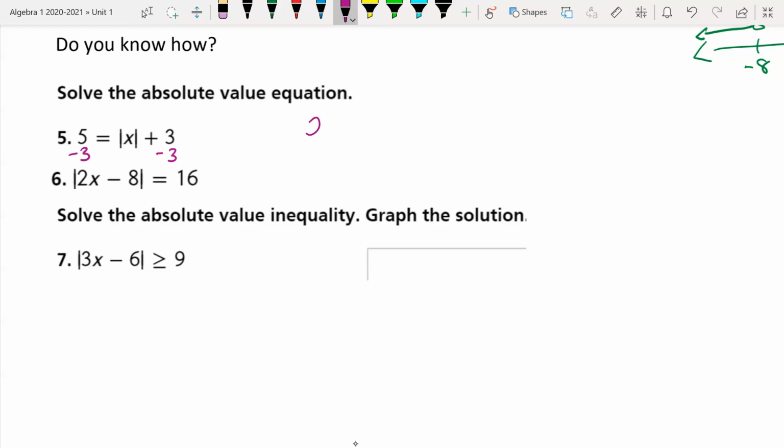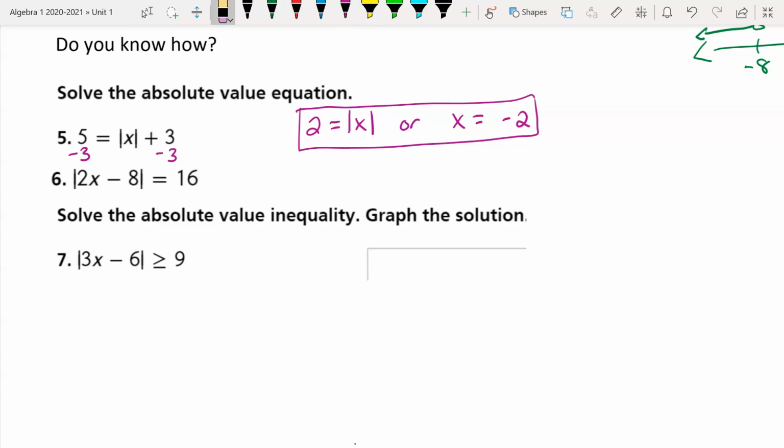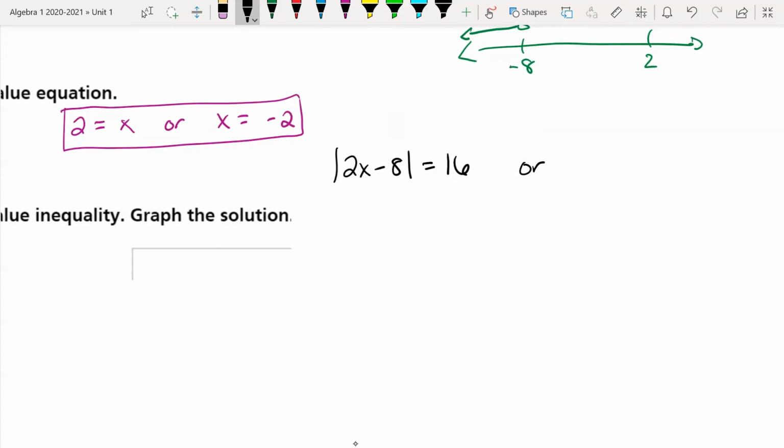So the first one, you should have subtracted 3 to get the absolute value by itself. And then you're going to set up your 2 equations. So it's either going to be 2 or negative 2. Next one's a little bit harder. The absolute value is by itself. However, you have to set up your 2 equations.